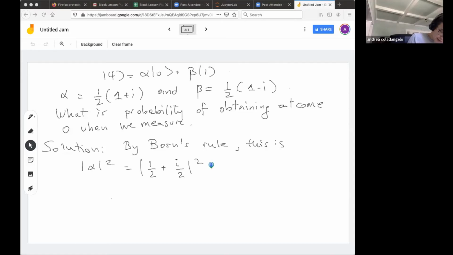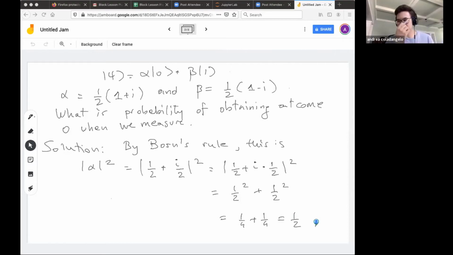I can write it to be completely explicit, in an a plus ib form. Then this modulus squared is 1/2 squared plus 1/2 squared, which is equal to 1/4 plus 1/4, equal to 1/2. So that's correct for everyone who said 1/2.